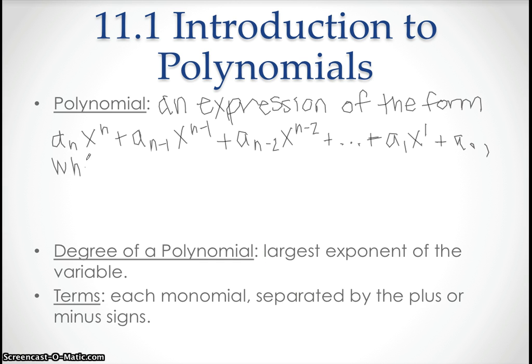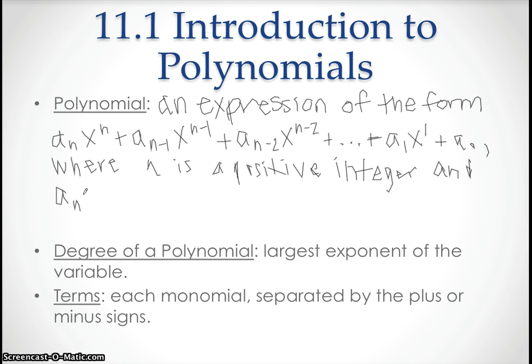We'd say where n is a positive integer and a sub n cannot be 0. Sorry, I hope you can read that. That says a sub n cannot be 0.